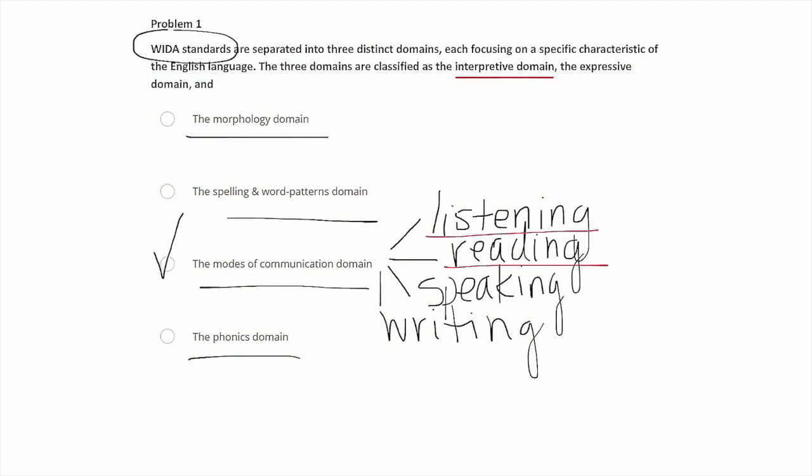They also have added viewing to that list. And the expressive domain is speaking and writing, and they have added representing to that list as well. Now, they did that to be more representative of how communication takes place, especially during language acquisition. So that is an explanation as to why the 3 domains are interpretive, expressive, and the modes of communication domain.